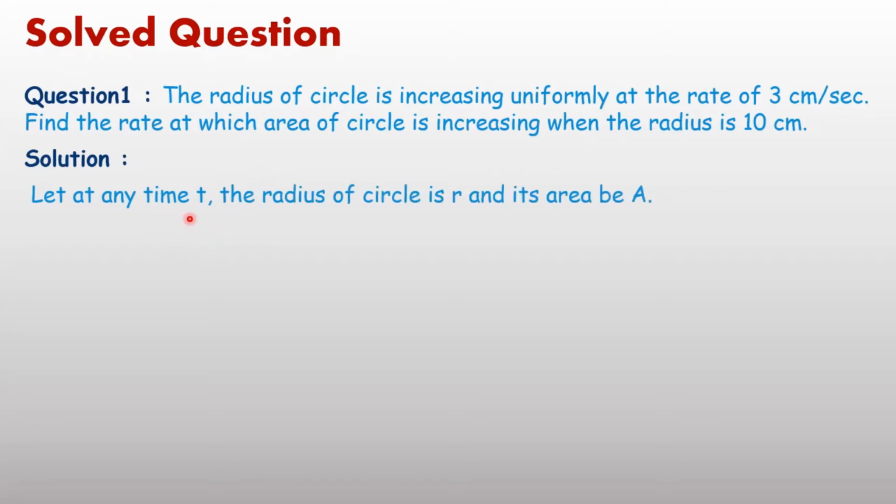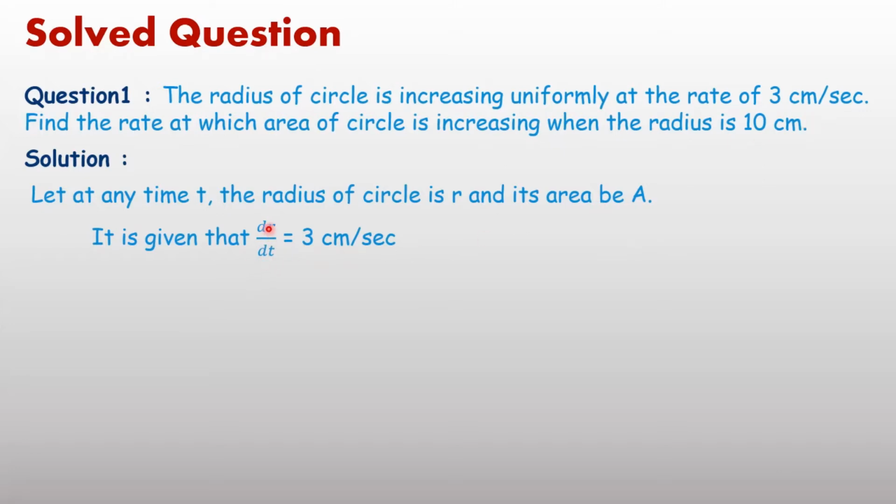Let at any time t, because time is not given, the radius of the circle be r and its area A. It is given that the rate of change of radius with respect to time, because the radius of the circle is increasing uniformly at the rate of 3 cm per second. Centimeter represents the change in radius dr, and per second means change in time.